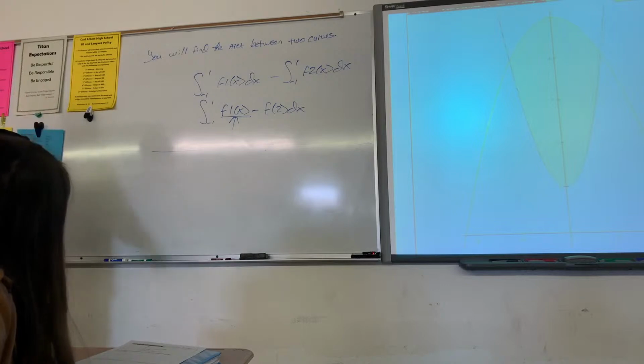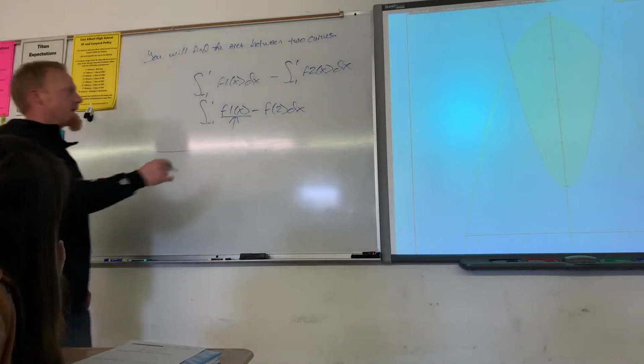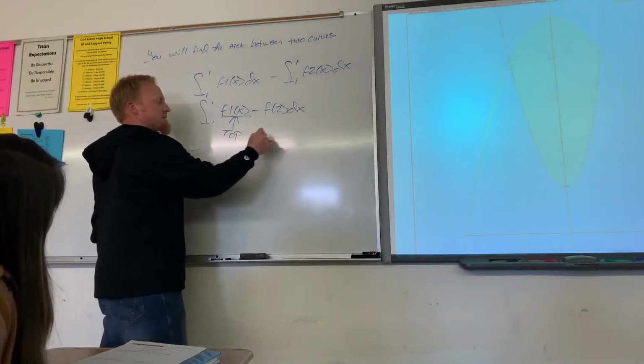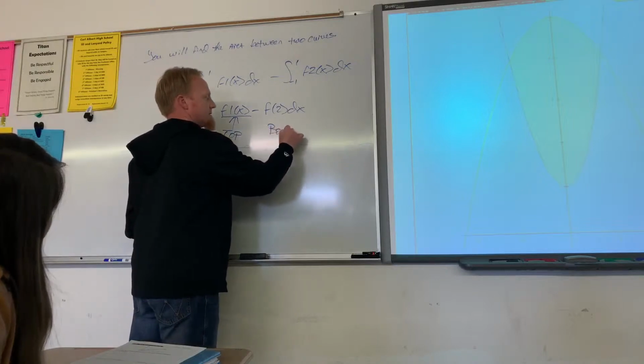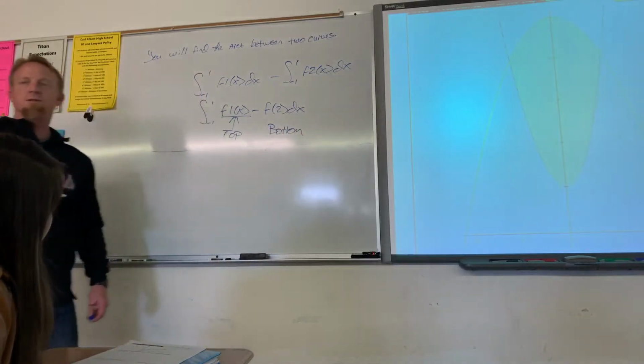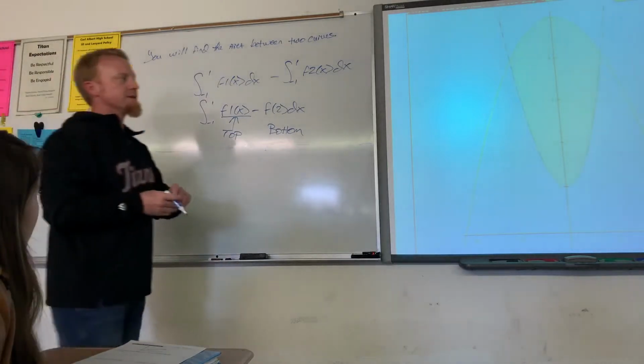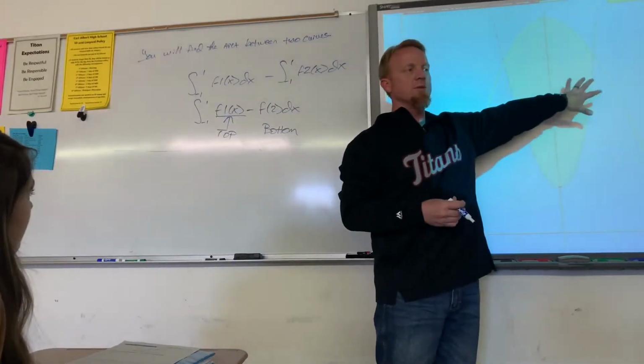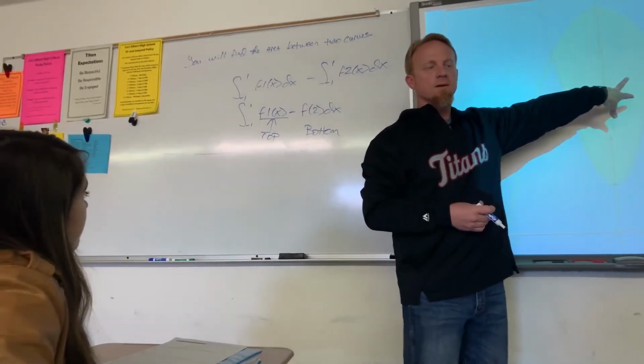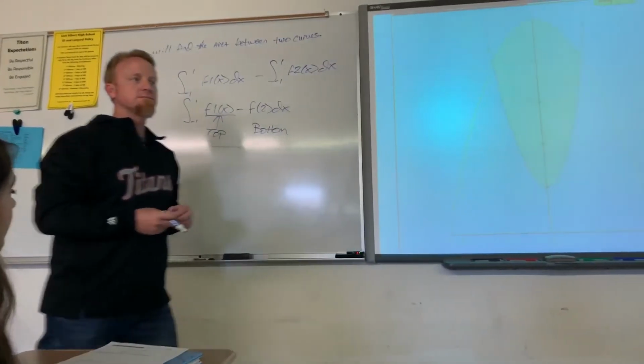Doesn't have to be concave down. The one on top. So the top function always comes first. Bottom function always comes second. When you integrate that, that's going to give you the area that's trapped in between the two functions. Can you buy that? Yes, sir. Good.